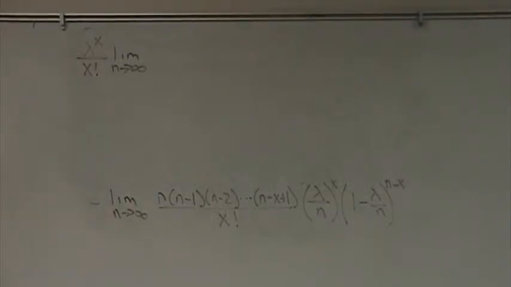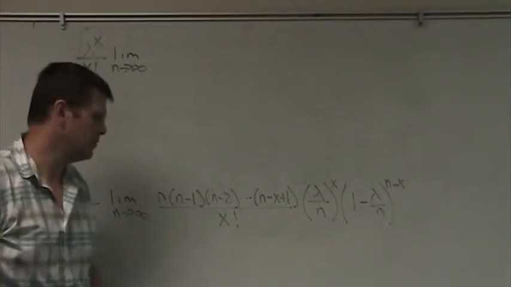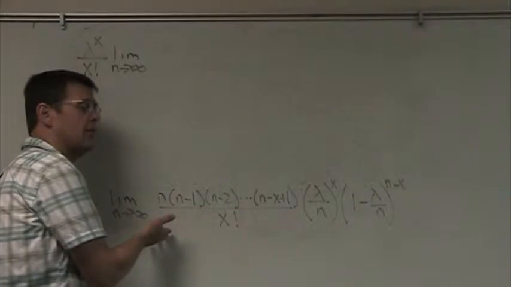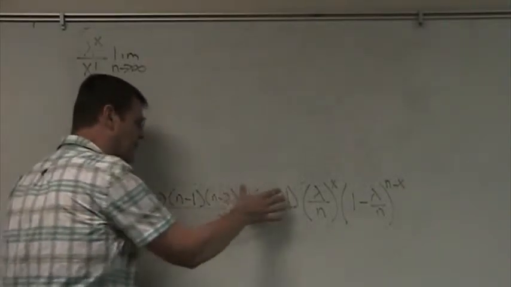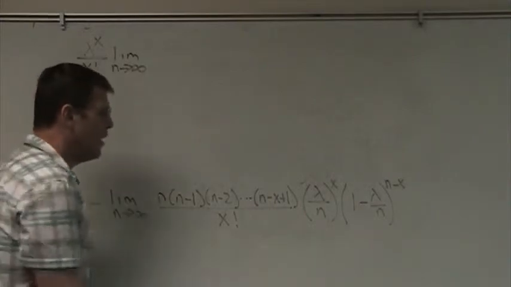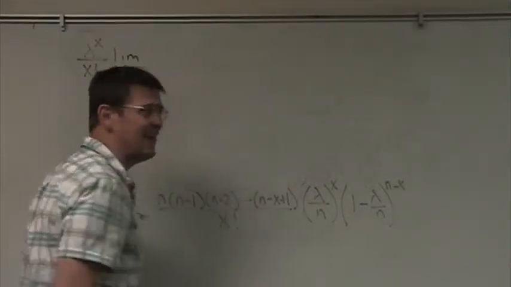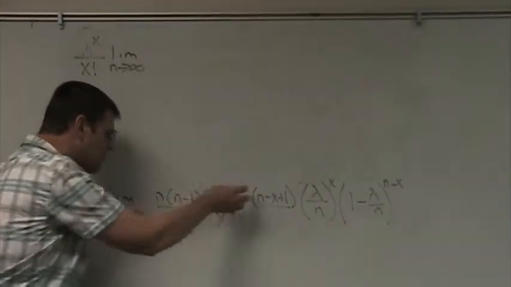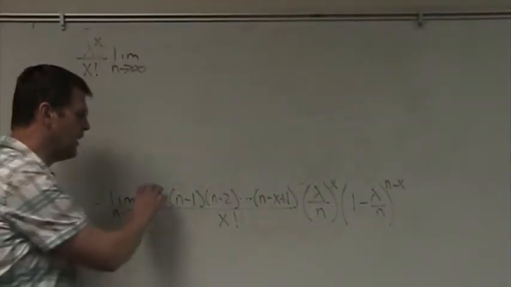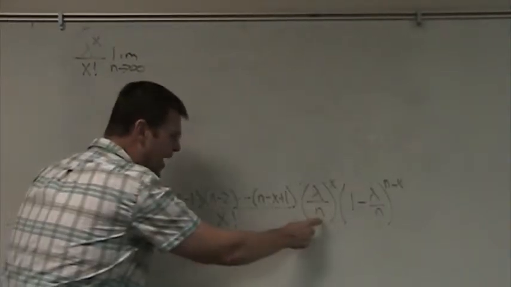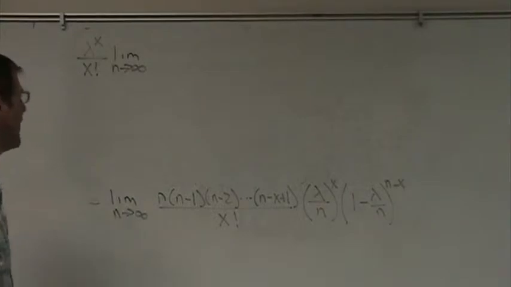Now, as far as the next piece is concerned, we canceled n minus x terms from this denominator. So there are exactly x terms left in this numerator. Over here, we still have n to the x in the denominator, so we've got x n's. We have x terms up here. So for each one of these terms in this product, there's an n down here to divide it by.